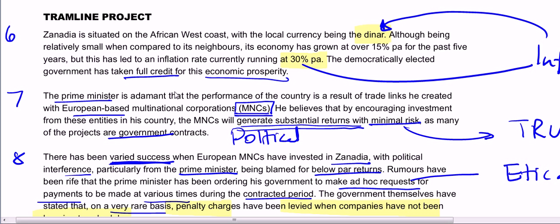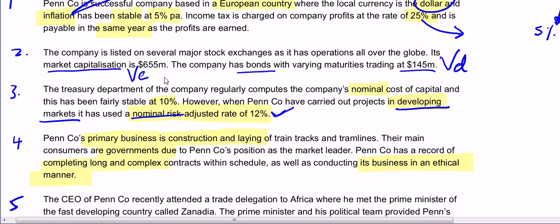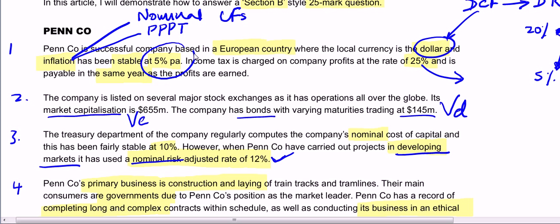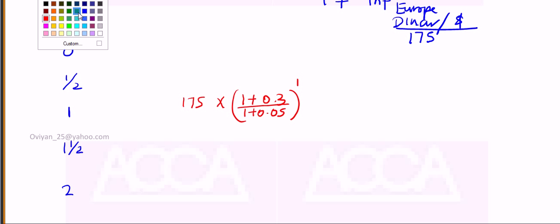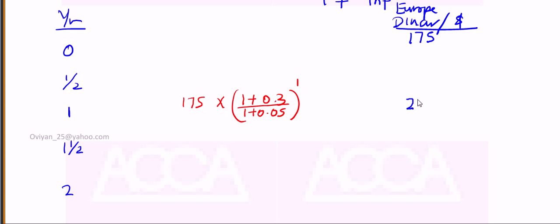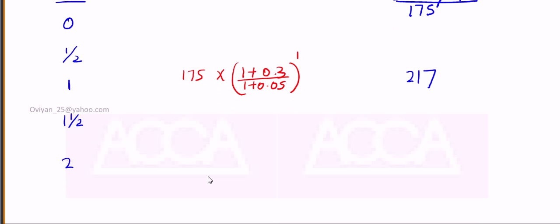Yeah, in paragraph number 6, we are told the inflation in Zanadia is 30%, and we are told in paragraph number 1, inflation in European country is 5%. So we're going to take divided by 1 plus 0.05, and it's going to be to the power of 1, and you're going to get an answer here called 217.